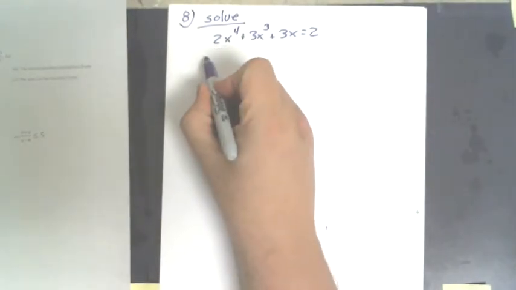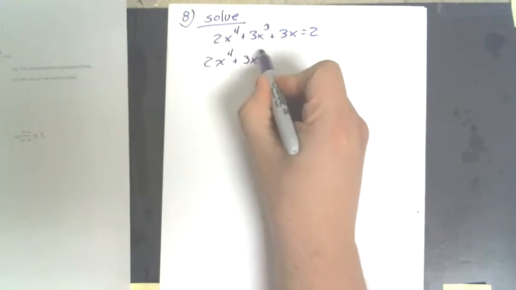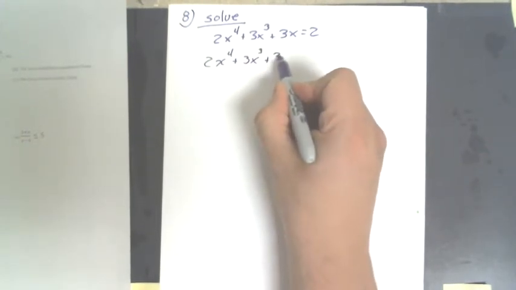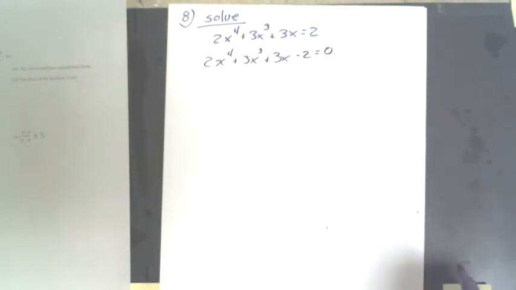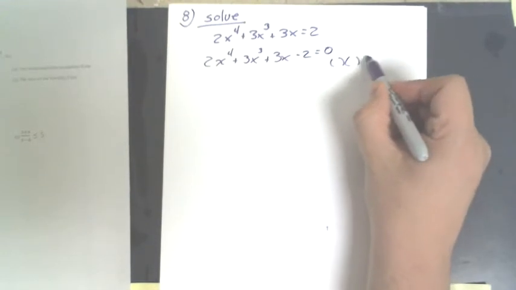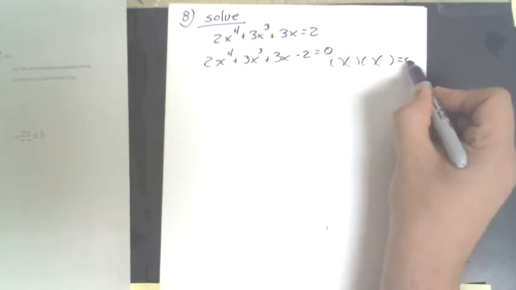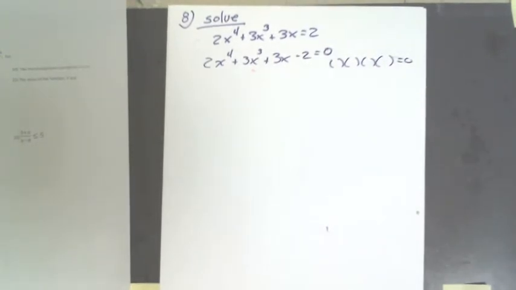We do want to find the factored form set equal to 0. So it's really in our best interests to subtract that 2, get it set equal to 0. But now if you could factor this into 1, 2, 3, 4 pieces equals 0, each one of those pieces would give you a solution and you'd be done.